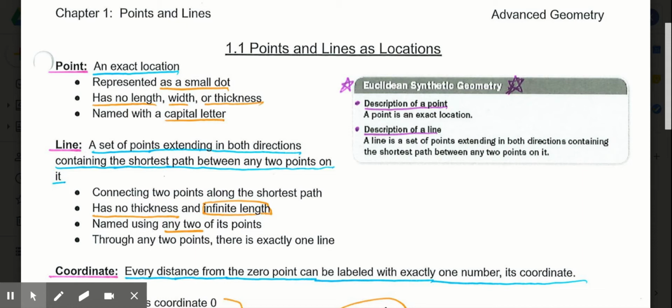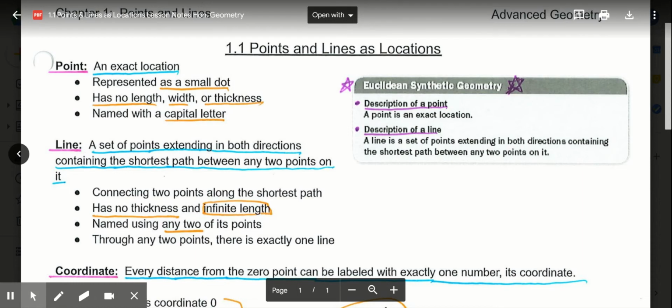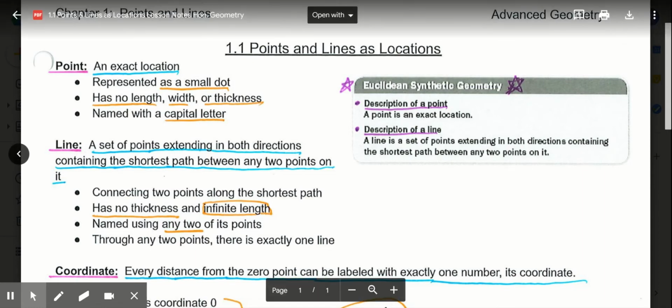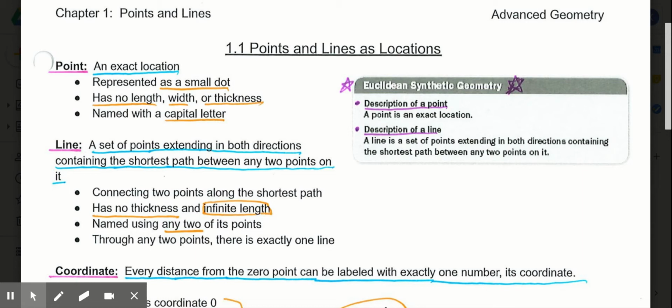So a line is basically the shortest path between any 2 points, and it extends forever in those directions. So breaking it down to these bullet points, it's connecting 2 points along the shortest path. A line has no thickness and an infinite length, meaning it goes on forever. We cannot measure its length.